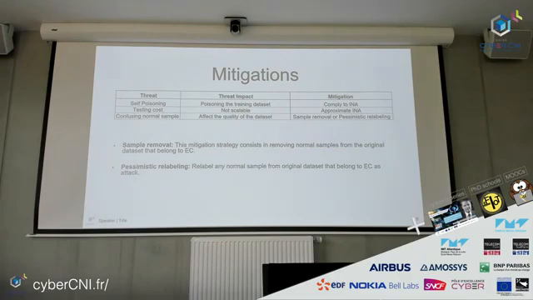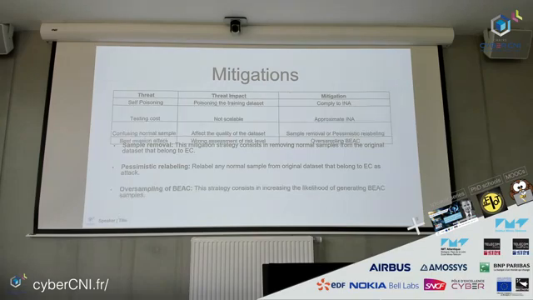We can apply these two mitigations against the third threat, the confusion normal sample threat. And the third mitigation we propose is oversampling of PEAK. This strategy consists of increasing the likelihood of generating the PEAK samples. This mitigation can be applied against the fourth threat, the best deviation attack threat.